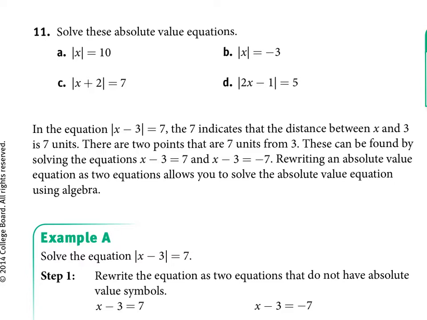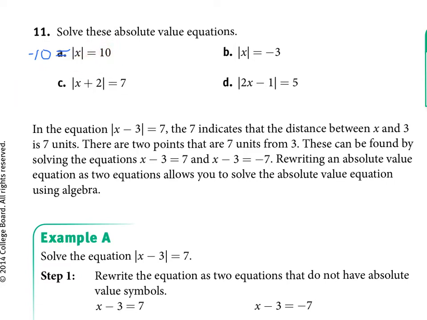So how we write that in solving is we just put equals on the other side and put the negative value on the other side. So now I have -10 equals the absolute value of x, which also equals 10. So both -10 and 10 are the same distance away.